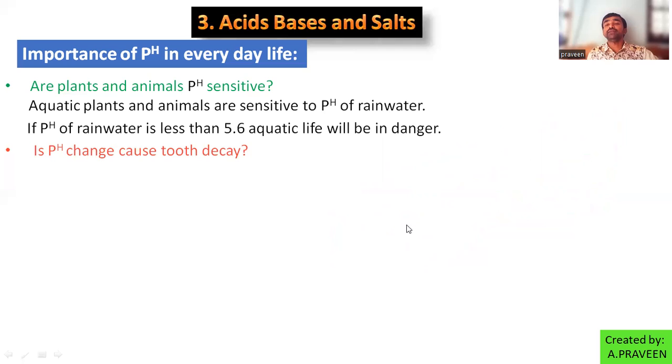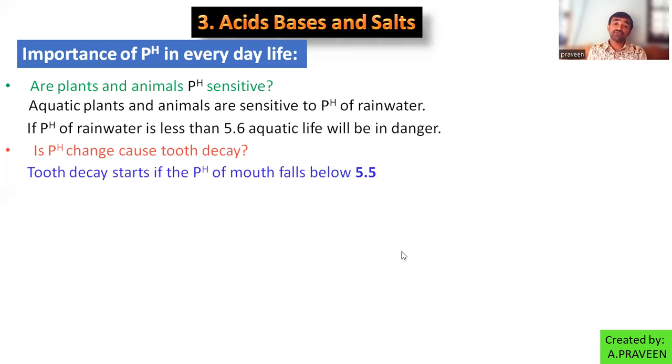Between 5.5 and a maximum of 7.5. If the pH value is lower than 5.5, it will definitely affect the teeth. Tooth decay starts if the pH of your mouth falls below 5.5.